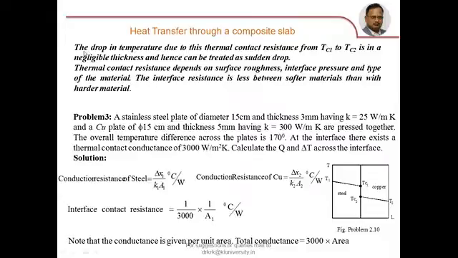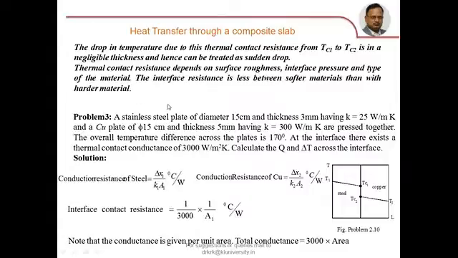Now coming to the drop in temperature due to this thermal contact resistance from Tc1 to Tc2, it is in negligible thickness and hence can be treated as a sudden drop. And thermal contact resistance depends on the surface roughness, interface pressure, and type of the material.